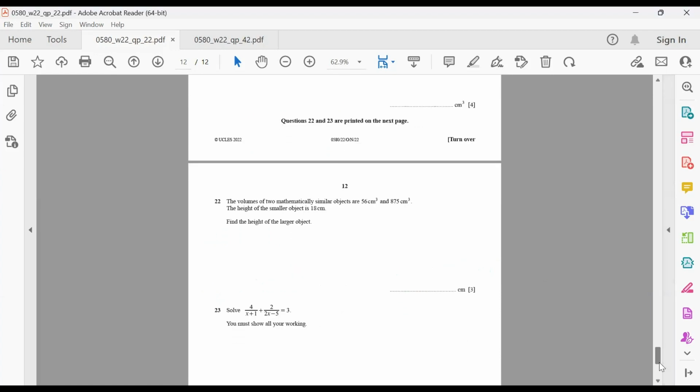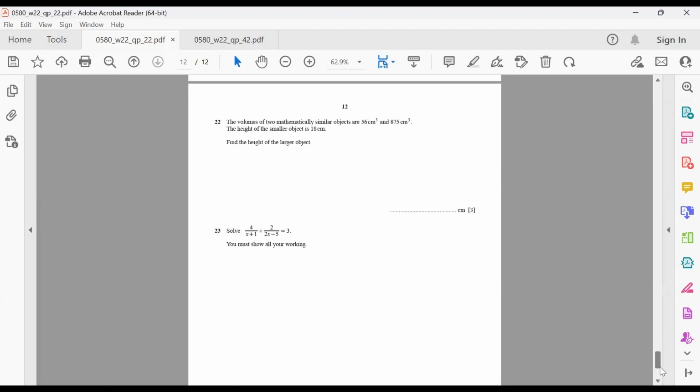Anyways, moving on to the last two questions, it looks like. Yeah, so again, similarities concept. The volume of two mathematically similar objects are 56 and 875, and the height of the smaller object is 18. So they've given us, make sure to read the volume, which is cm cubed, and the height in cm.